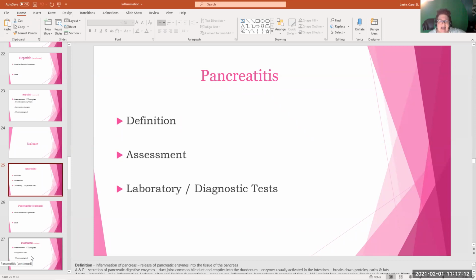Okay, those enzymes can cause autodigestion in that pancreas. It starts breaking down the tissue of the pancreas, and that's what really causes the pain. Alcohol is the big cause of pancreatitis and can cause those ducts to swell closed.